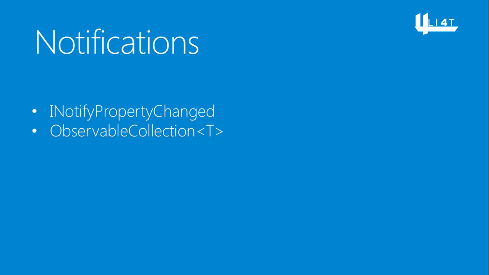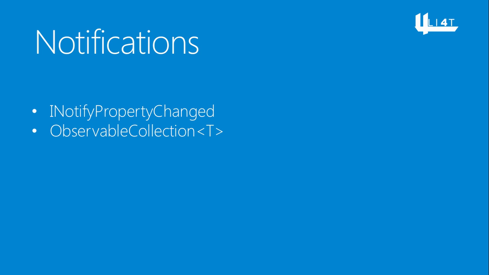Now we will have to call this event every time the value of these properties change, and we're going to be talking about it deeply in one of the coming lectures. But you just have to know that the INotifyPropertyChanged is going to allow the model to notify the view model and to finally notify the view that certain information has changed, and so it has to be changed on the view as well.